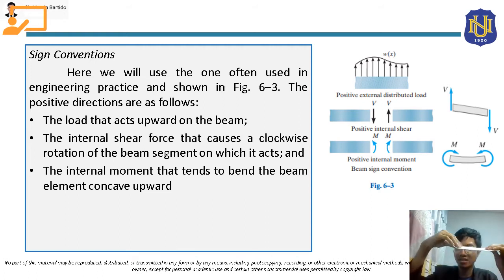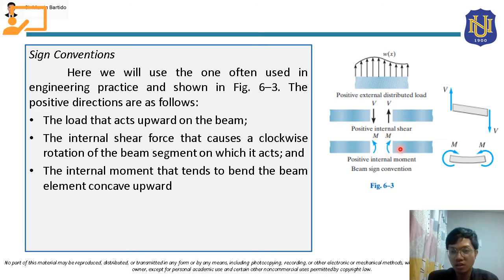If the moment is this way, the beam will bend this way. So this bending is actually concave upward, right? If the moment is applied this way, or the internal loading is directed this way, it will bend the beam concave upward. So that's the assumption for positive moment.